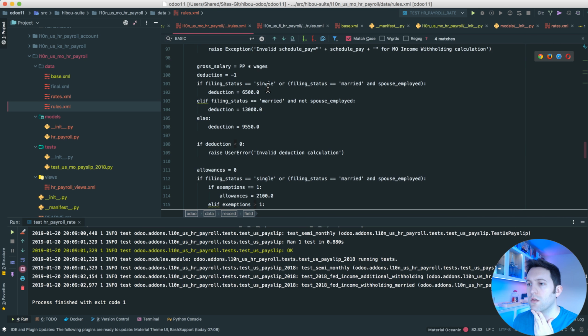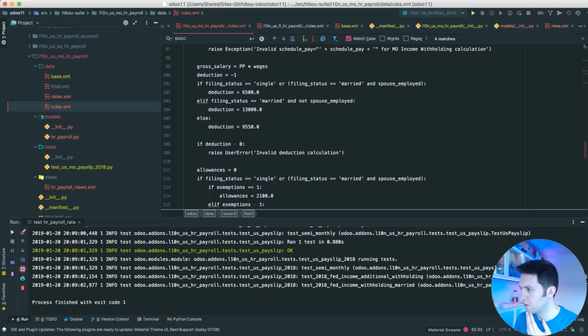Filing status single or married and spouse employed. Do we divide this by 2? Is that the idea? Yeah, kind of looks like it. I still feel like this is supposed to be 12,000.